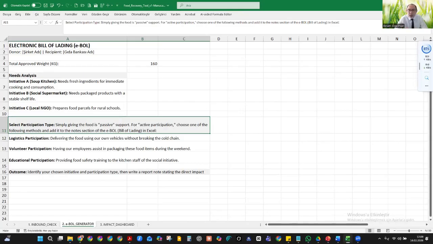Should we protect the cold chain by opening our logistic network, strengthen social belonging by involving our employees as volunteers, or increase the operational quality of the social initiative by providing technical training to their staff? These choices elevate a company from being just a donor to becoming a strategic stakeholder in the struggle for food justice in Turkey.